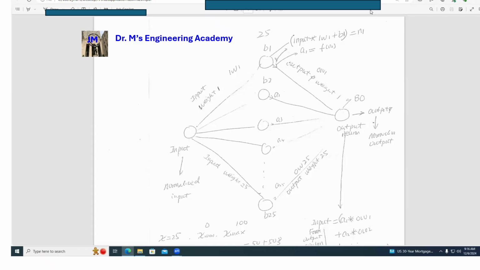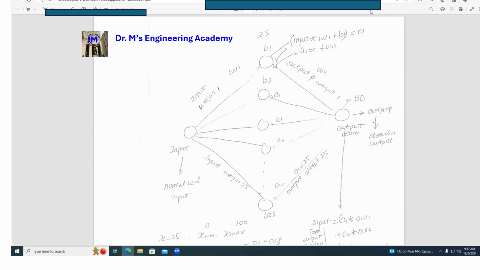But MATLAB wants to use bias, this is a concept, totally fine. So each of these nodes has a bias value. For example, B1 is the bias value for the first hidden layer neuron, and B25 for this one, and for the last one in our case, we have B30, okay?